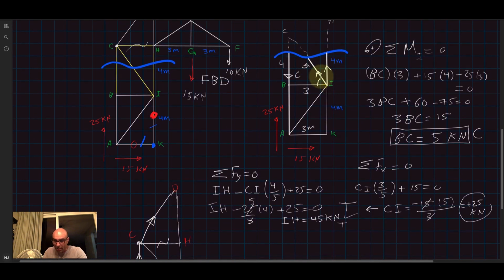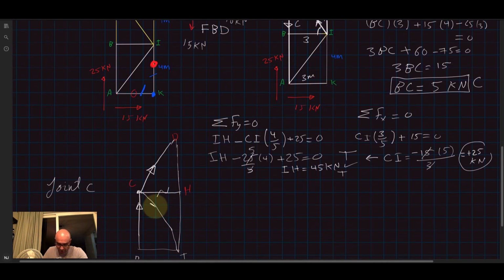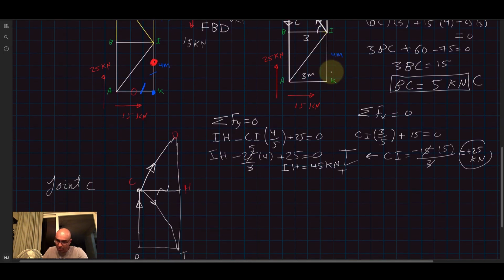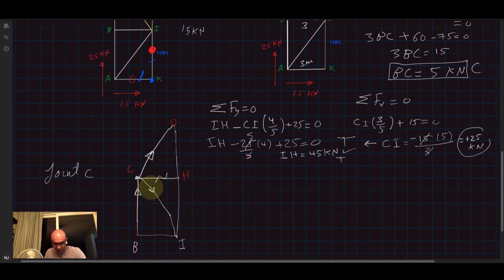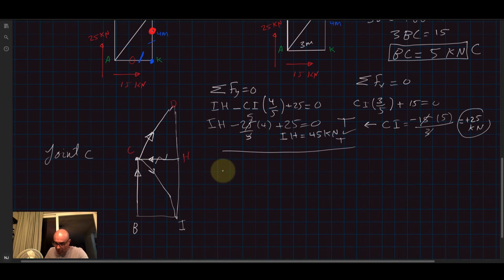Look, IC here is tension, so it's going to be away from the joint. Is there anything else? CH, I don't know, we can assume, so let's try to guess. So this is going up, going down, going up. Maybe I can assume it's going this way, which means that it's compression, but we could be wrong. Let's see. Now let's solve here, okay?